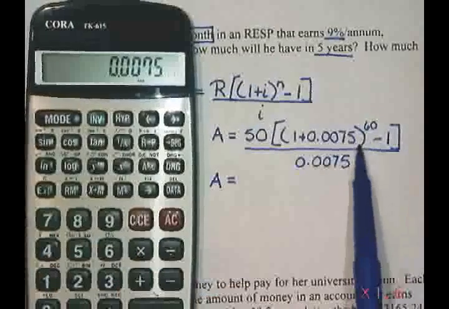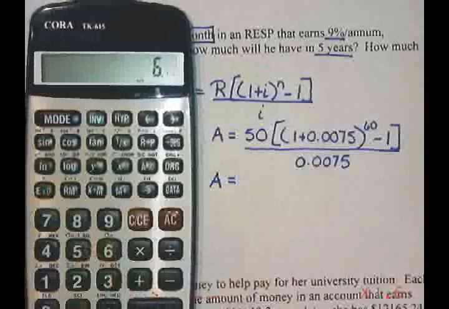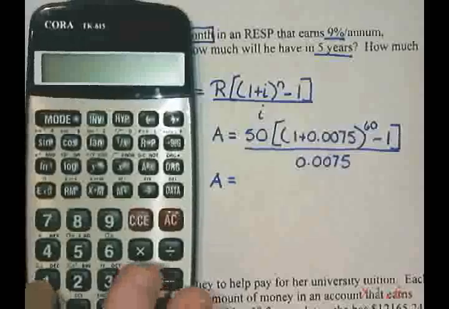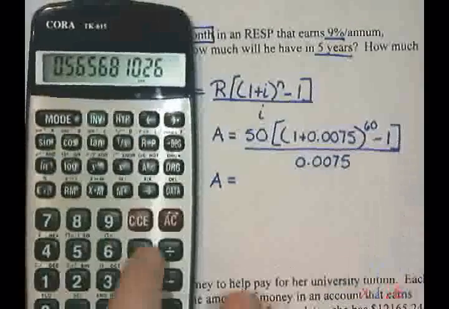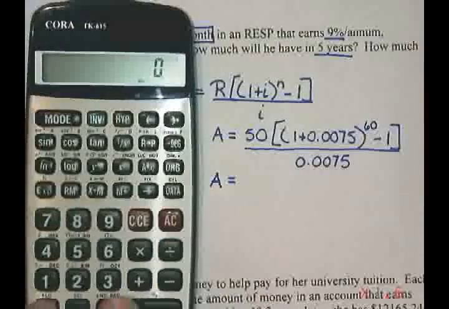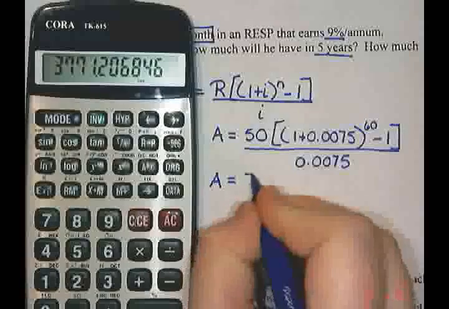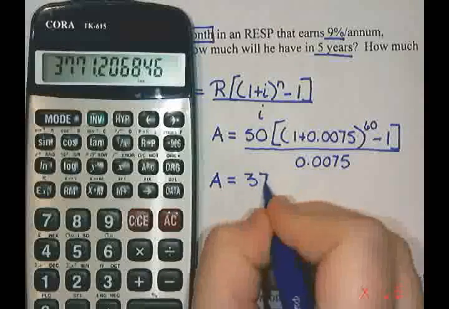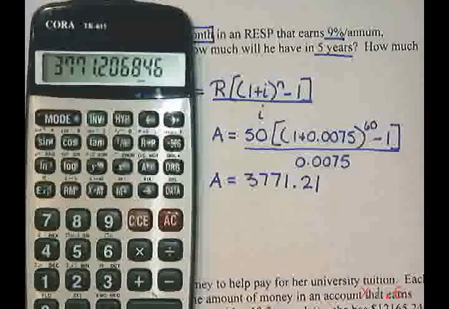I need to close the bracket, to the power of 60 minus 1. And then I close the second bracket, and I divide by 0.0075. And I end up with $3,771.21.